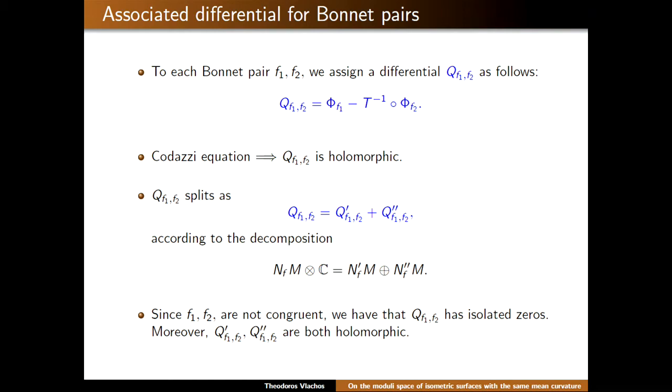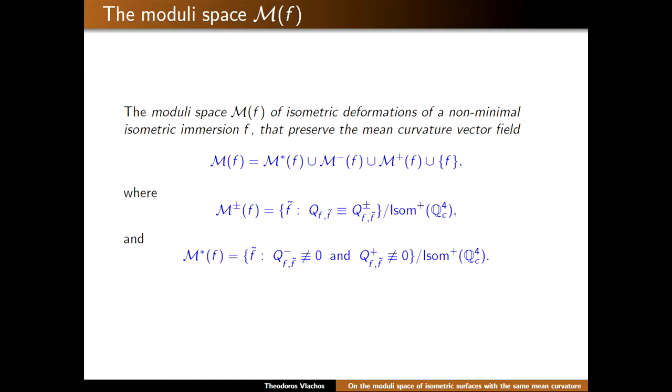It follows from the Codazzi equation that this complex differential is actually holomorphic. So we may split it, according to the decomposition of the complexified normal bundle, into its Q prime and Q double prime components. Then it turns out that the moduli space can be written as a disjoint union of three components.